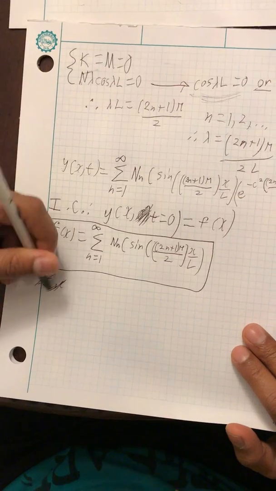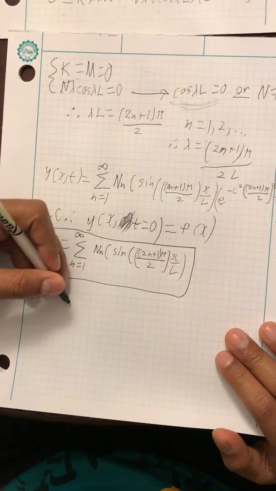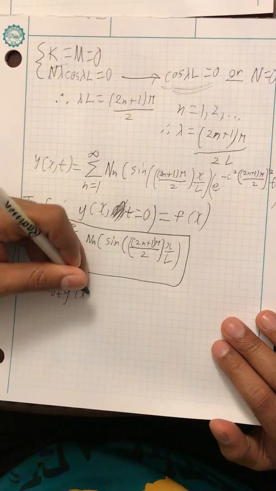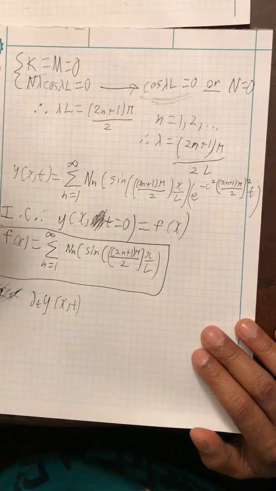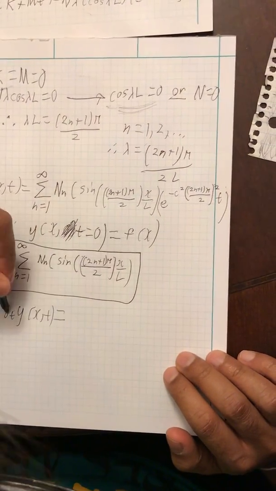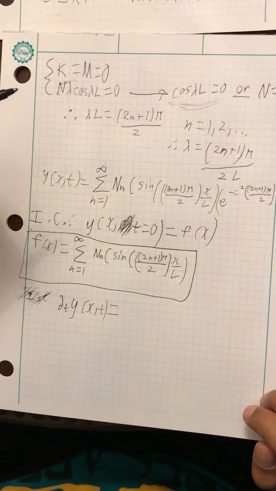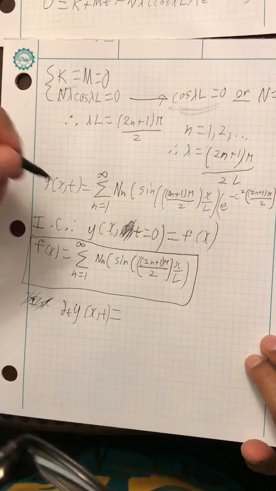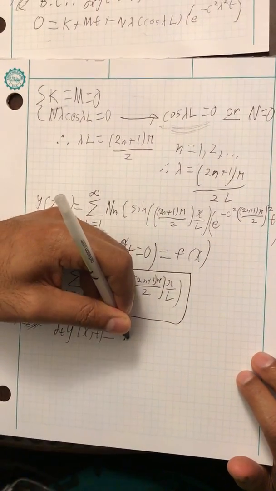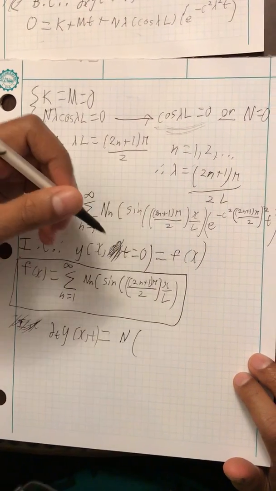first things first, I'm going to get the derivative dy/dt of (x,t). Before it was a derivative in terms of x, this time it's a derivative in terms of t, so pretty similar. All you do is you do it for t instead of x.